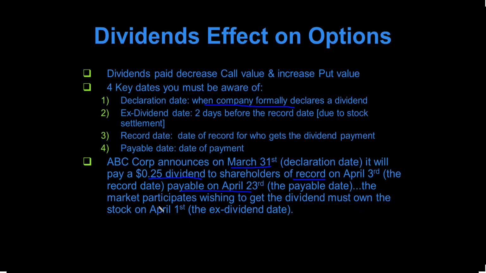That means the market participants wishing to participate in this particular thing, they've got to own the stock on April 1st, which is when it goes ex-dividend. That is 2 days before the record date, right? Remember, ex-dividend date, 2 days before the record date.